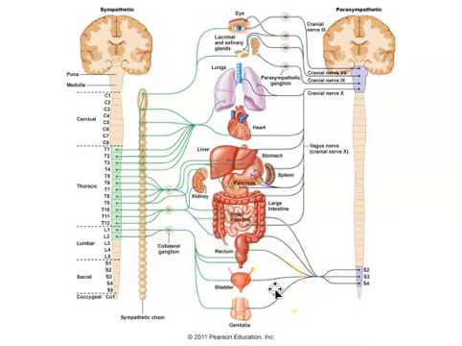So very different looking. The preganglionic axons on the sympathetic side don't have long to travel before they synapse with the postganglionic neuron. On the parasympathetic side, the preganglionic axons do have a long way to travel before they synapse.